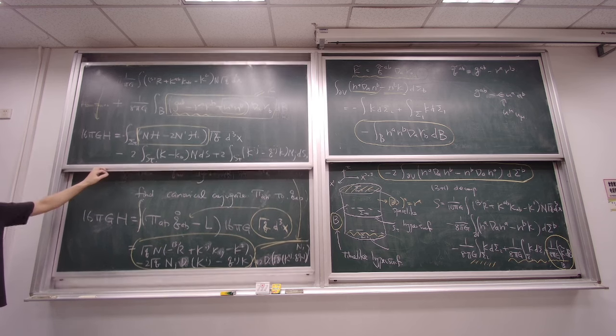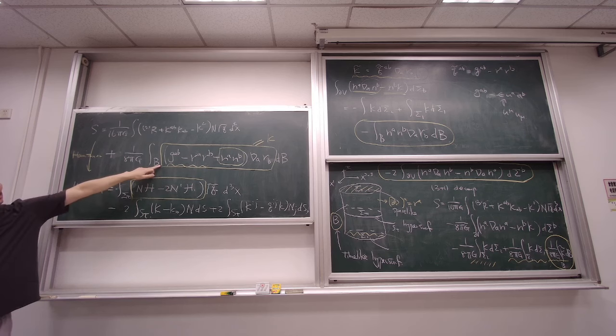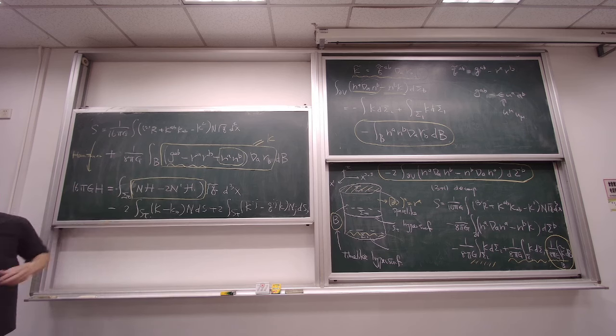And then in addition to that, we just include this K part into the Hamiltonian. So this is the ADM Hamiltonian. It's called the ADM Hamiltonian. What is K_0 here?